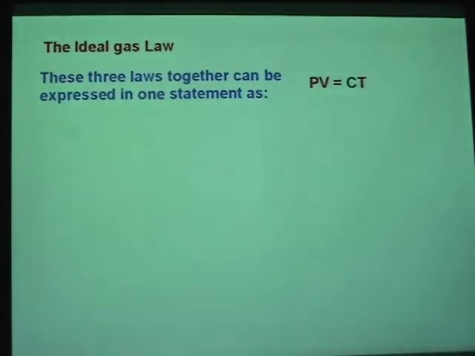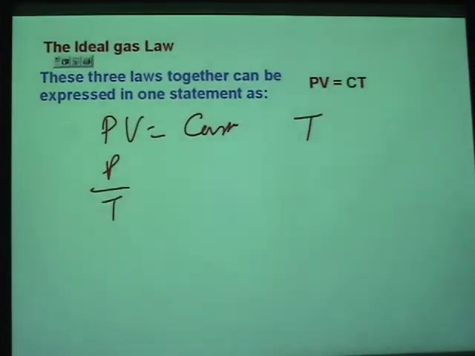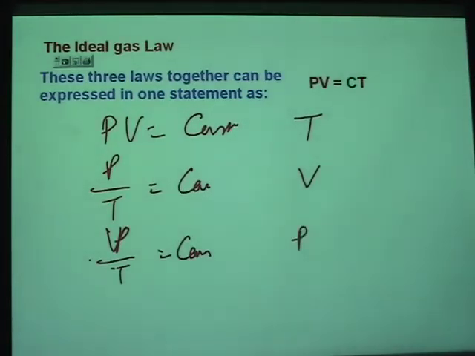Does it make sense? Well, let's write down these 3 laws. We said P times V is a constant. Is that right? When T is a constant. P over T is a constant when V is a constant. And V over T is a constant when P is a constant.